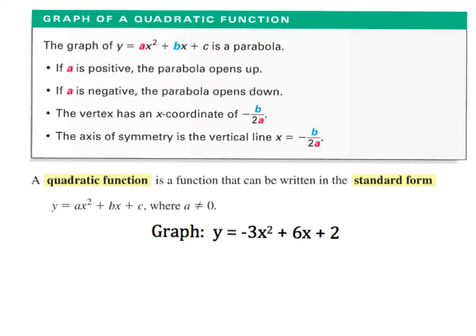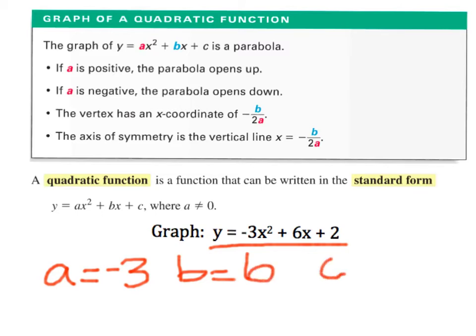So when I look at my equation here, y equals negative 3x squared plus 6x plus 2, I need to identify a, b, and c. So a is my coefficient of my x squared term, b is the coefficient of my x term, and c is my constant. So a is negative 3, b is 6, and c is 2.